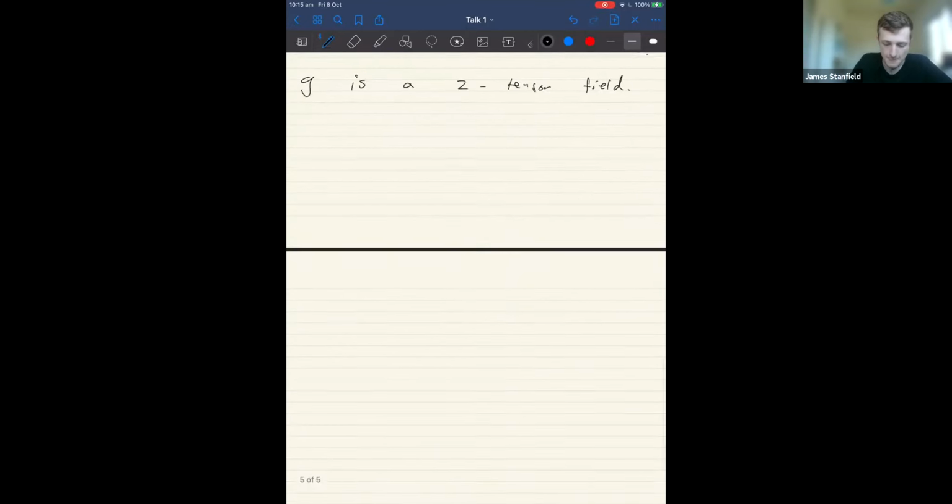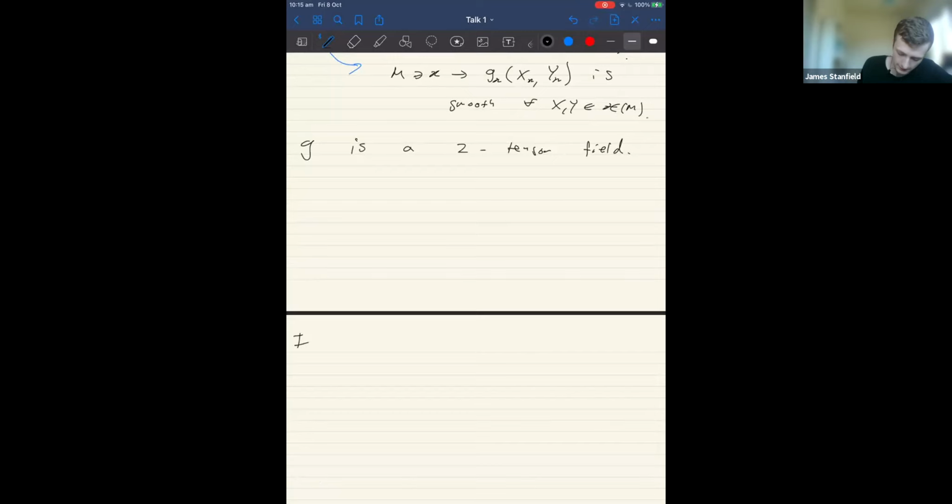Okay, right, so in coordinates, say x^i in a chart. So we often want to talk about these things locally, so we want to write them in coordinates.